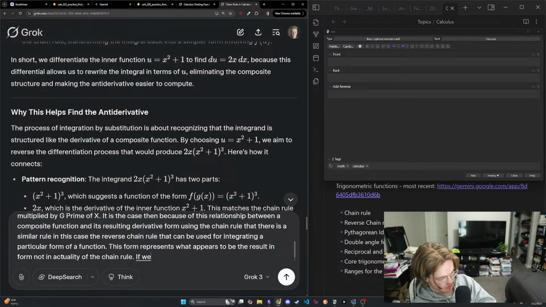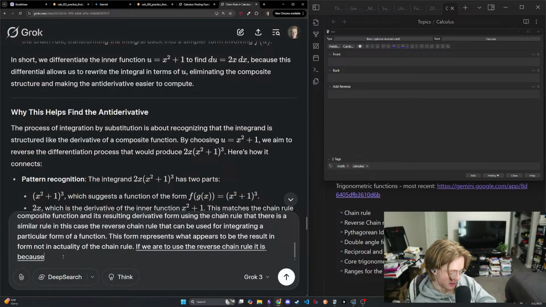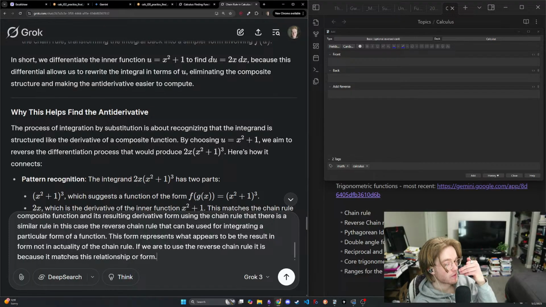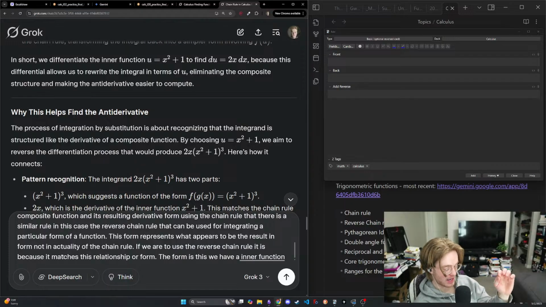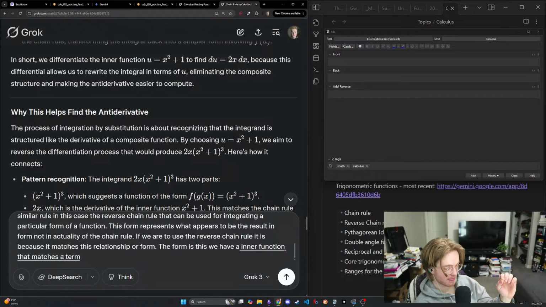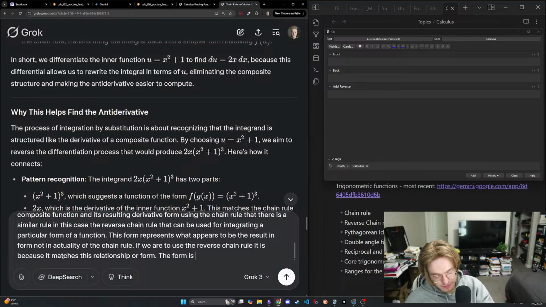If we are to use the reverse chain rule, it is because it matches this relationship or form. The form is this.